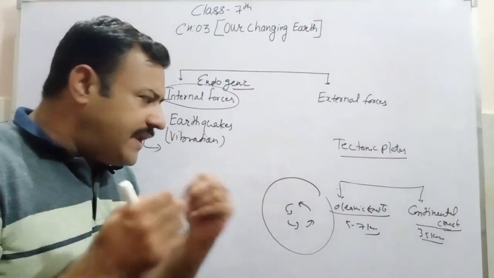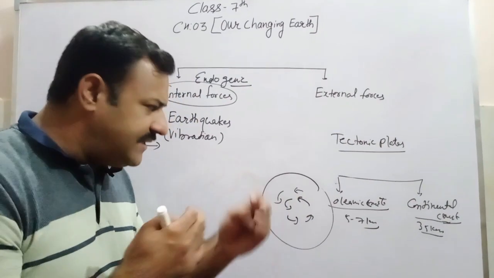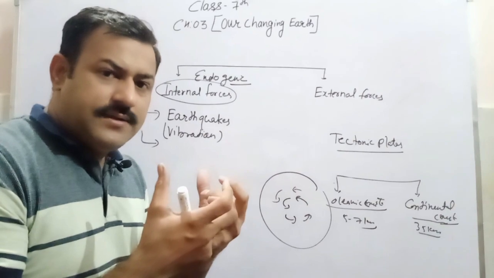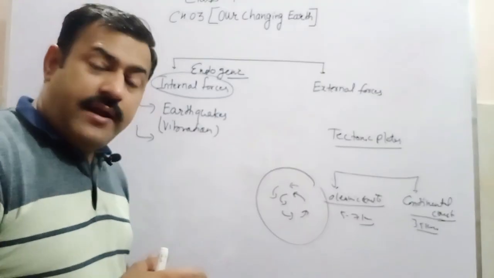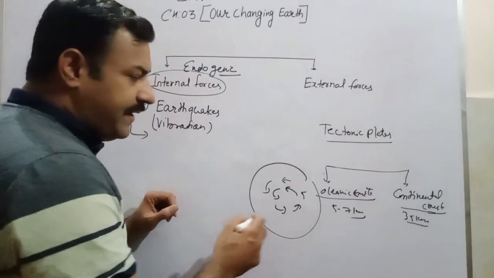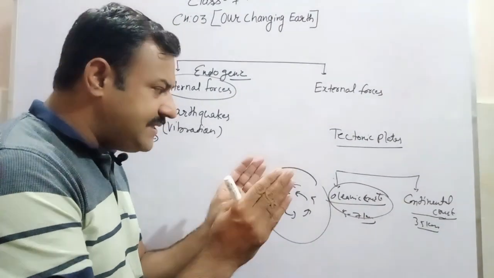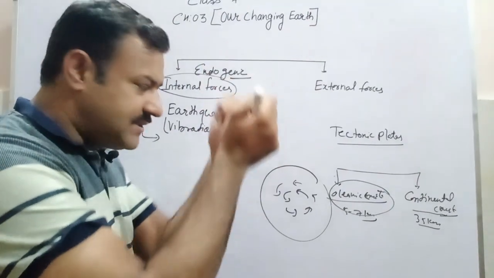So basically what happened, just because of the circulation of this magma inside the earth, high pressure and low pressure built up. And just because of the high pressure in the oceanic crust, it breaks this oceanic crust and starts to come out on the earth crust.